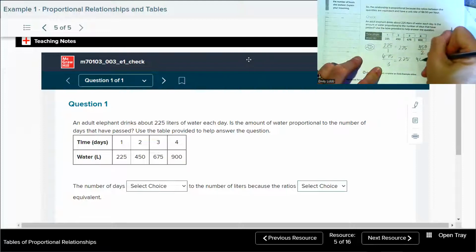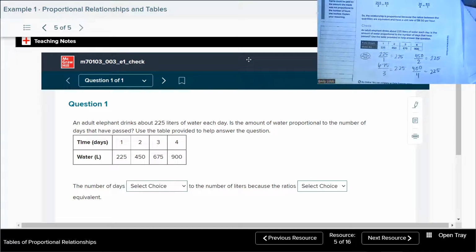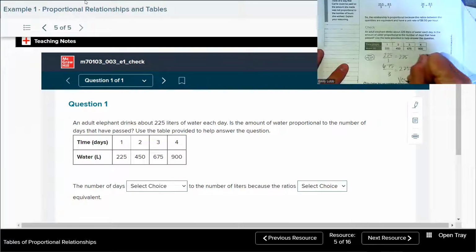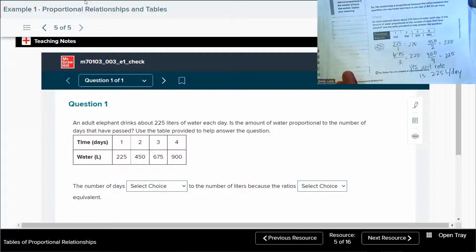And 900 divided by 4 is also 225. So they all have the same unit rate of 225 liters per day. So we would say that yes, the unit rate is 225 liters per day. So if there is a rate and just a rate, would it be proportional?